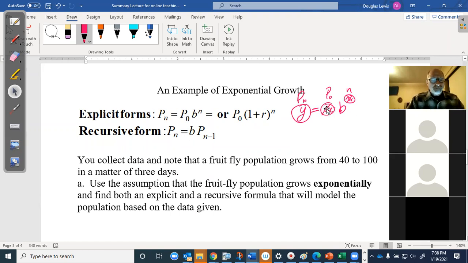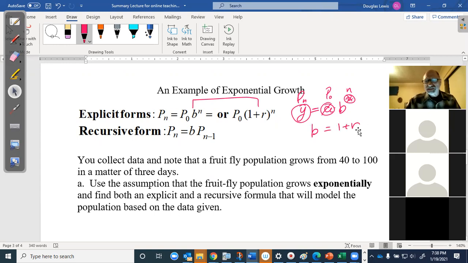Okay, and the recursive formula, notice there's no p sub 0 in the recursive formula. There's only the nth term and the term before it, and then b, the common ratio is what that's called. And by the way, you will note here that b is equal to 1 plus r.